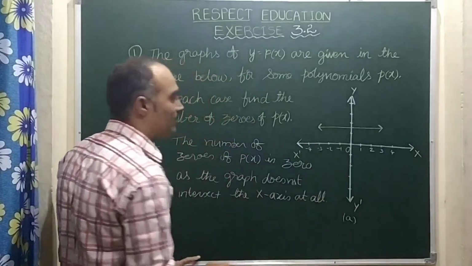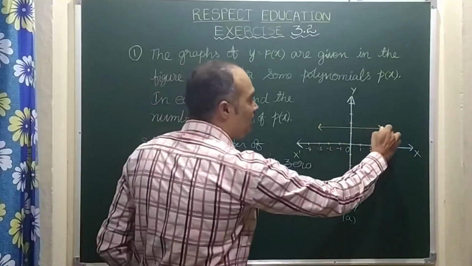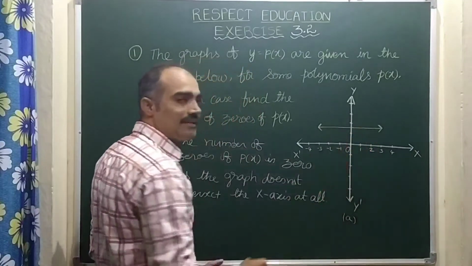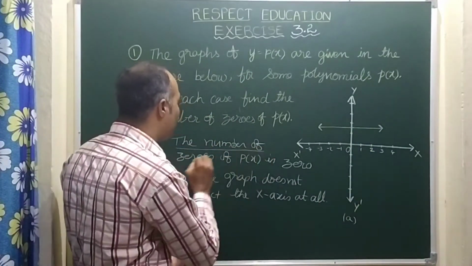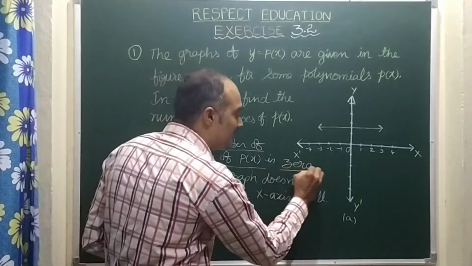That is the reason the number of zeros of the given polynomial is 0.